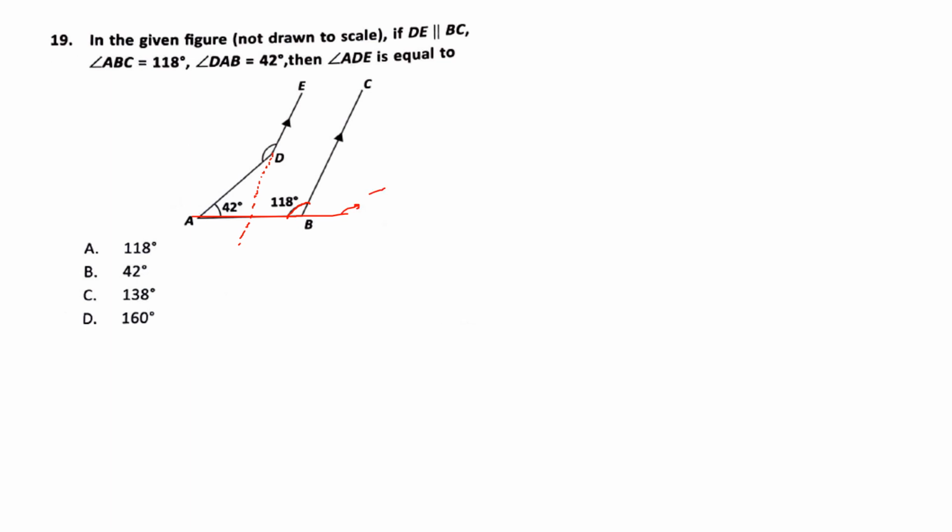So from there you can see this value is also equal to 118 degrees because angle ABC and this will be corresponding angles. So this is 118 degrees. I can give this the name F. Okay, angle AFE is equal to 118 degrees.